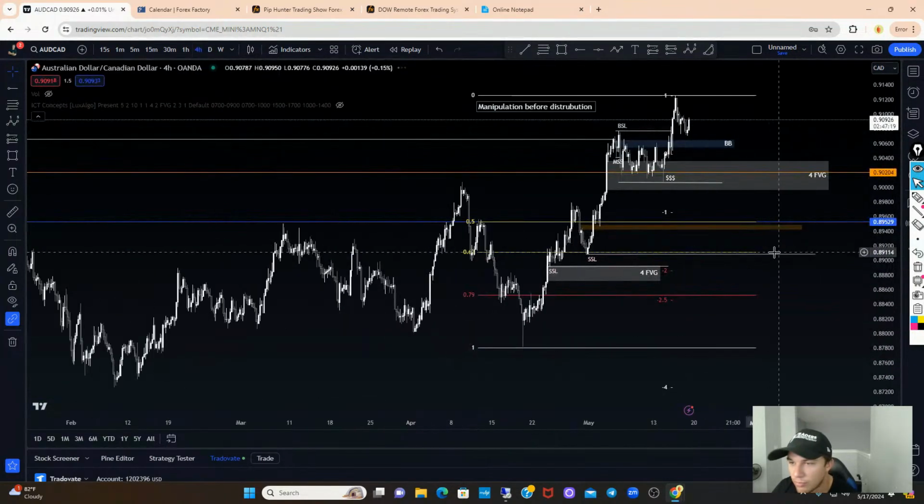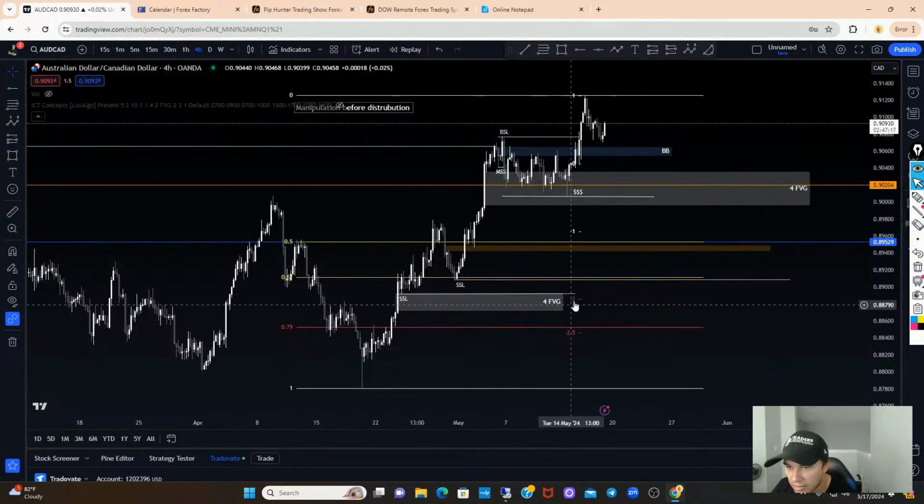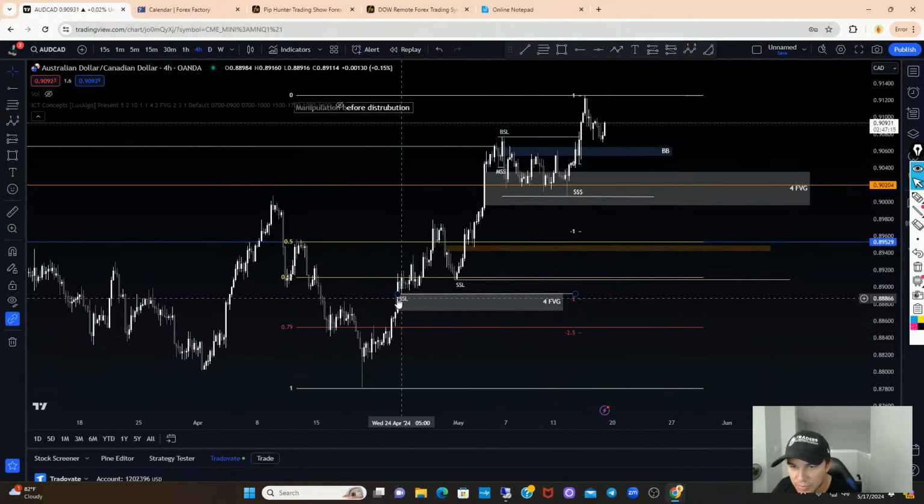Let me go to 4 hours so we can see this better. And right here at our -2.5, this is where I expect this sell side, between our 6.8 and 7.9. This is our OTE range.